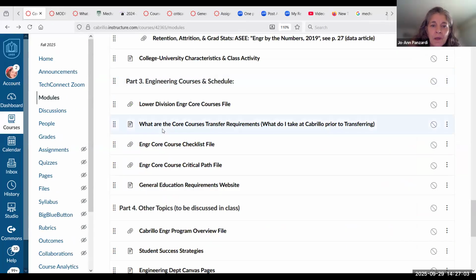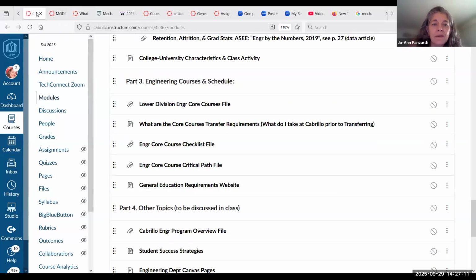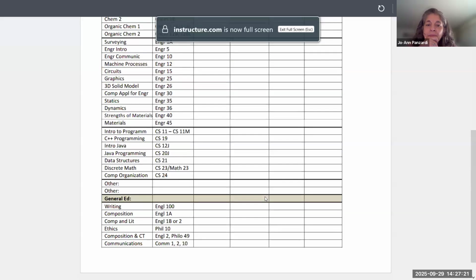Then the next one was how to find out what you need to take. And that was this page. And then the checklist is there. So once you have the checklist completed, then you know what courses you need at Cabrillo.